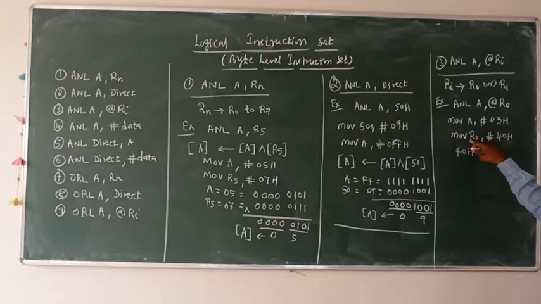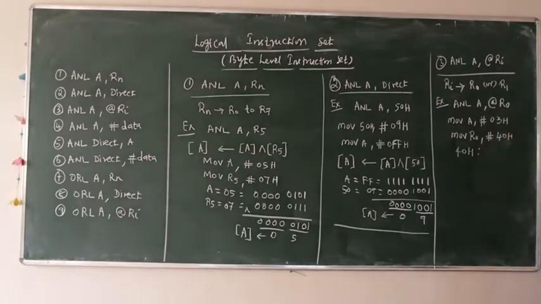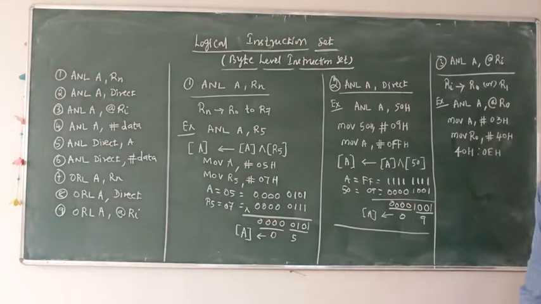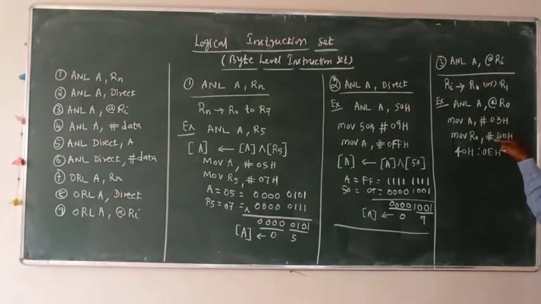Now this is the internal memory address, indirect memory address location in register R0. Now address 40H has data 0EH. Data is available in memory, and the memory is available in an internal register. So data is not directly available.